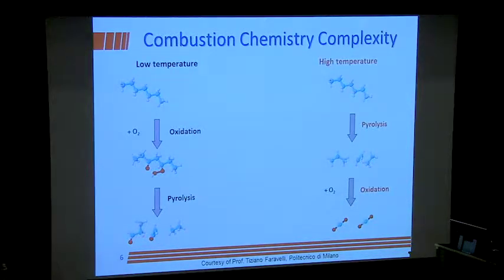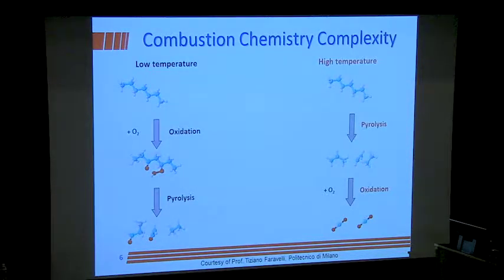And then these oxygenated species finally undergo pyrolysis to give smaller products. So that's at low temperature.